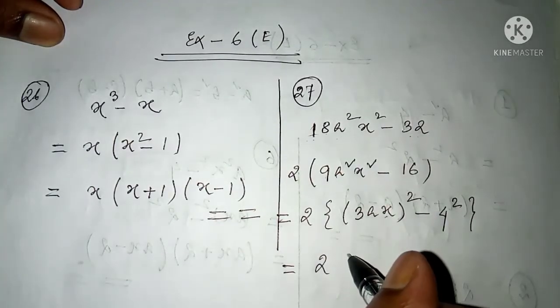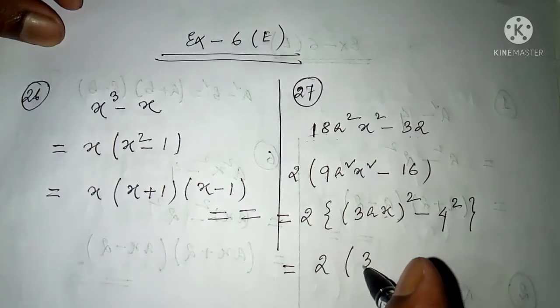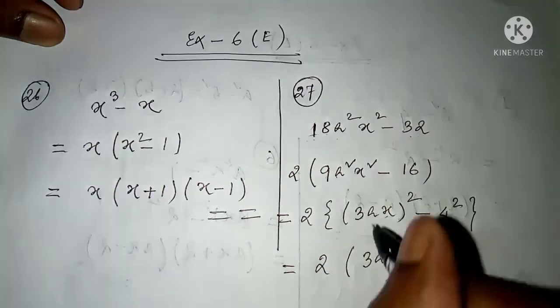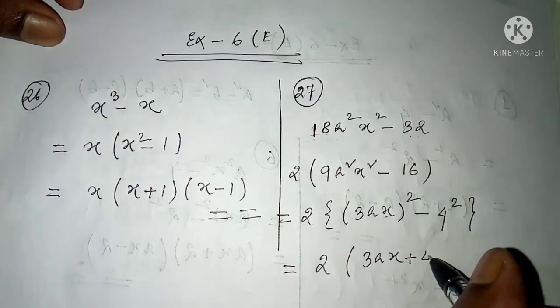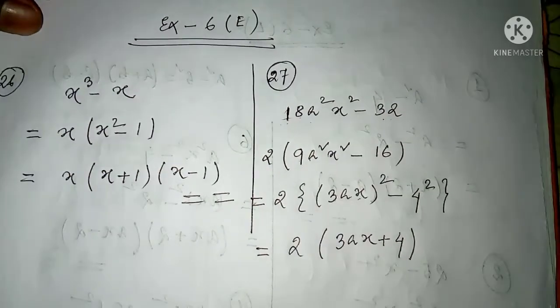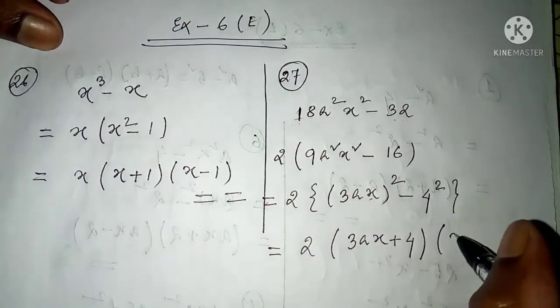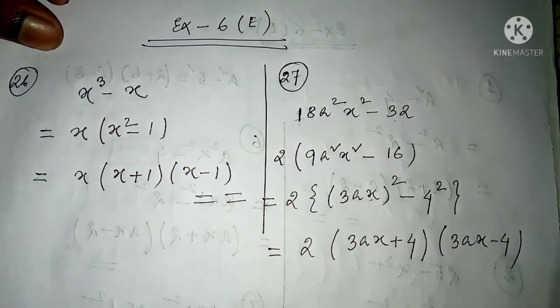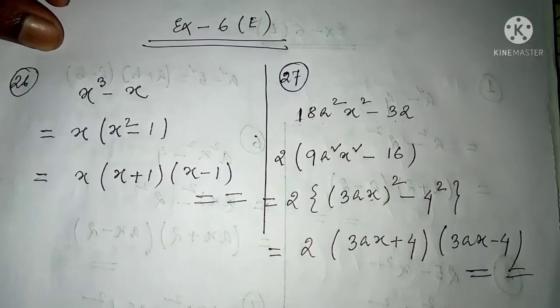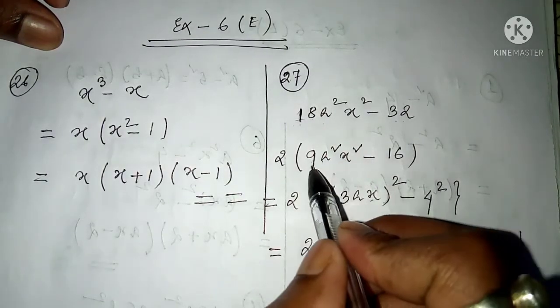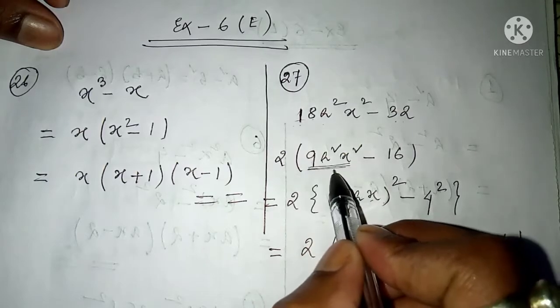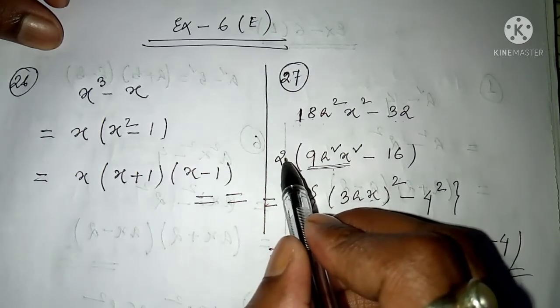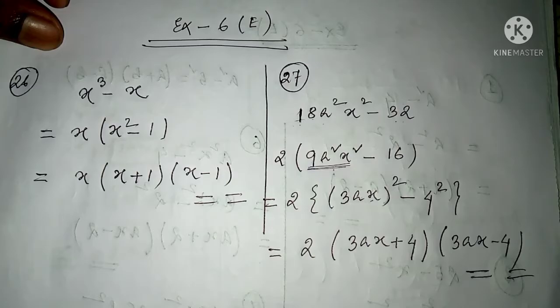That means you will see here 3ax, this is your first term, plus second term, then first term minus your second term. So this is our answer to the third question. Very simple. What I have to do is that I just need to make a square number here. Okay, so that's why I took 2 common from here. So this is very easy, you can see here.